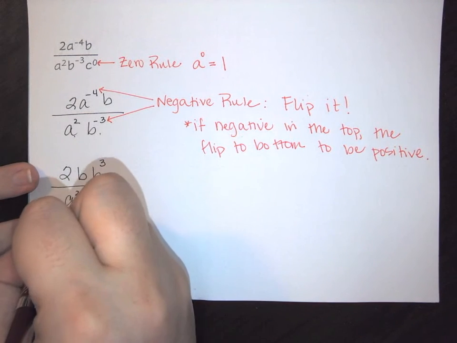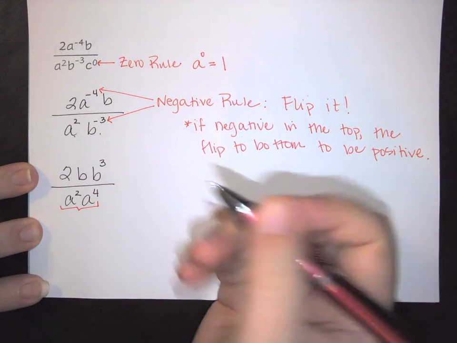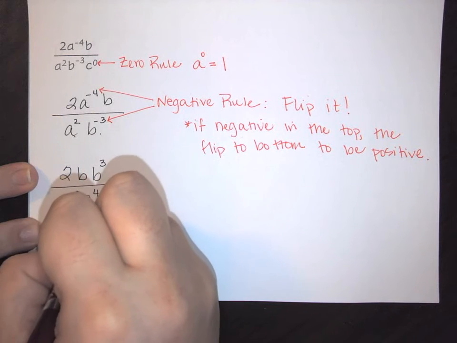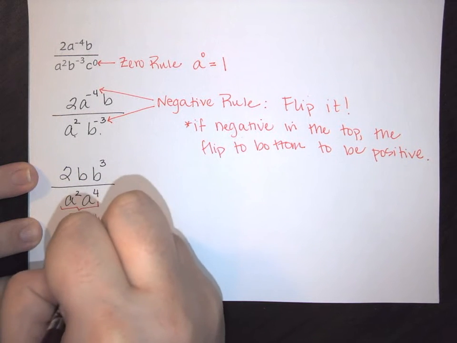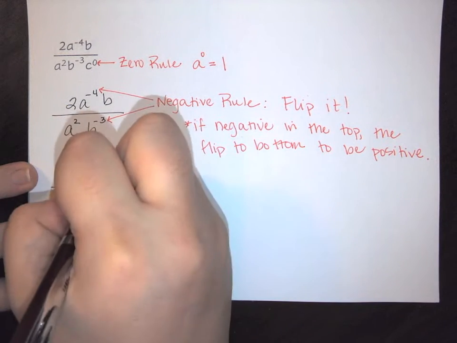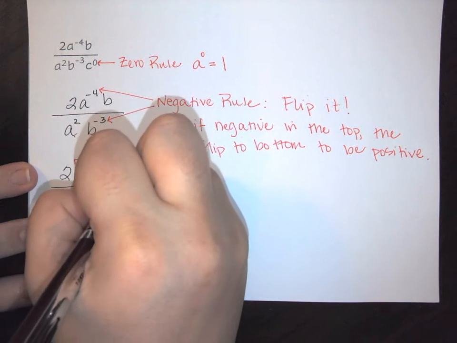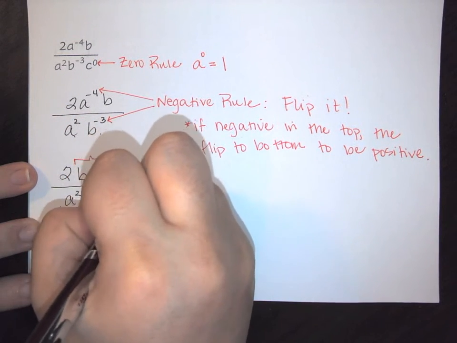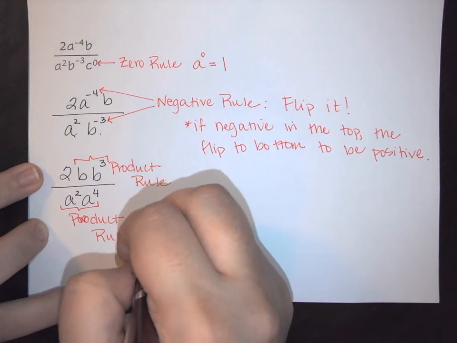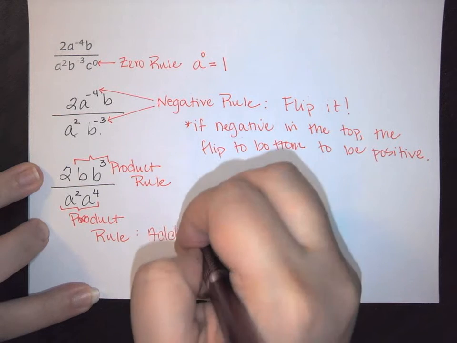Now, in looking at my a's and at my b's, this is going to be the product rule, both top and bottom. So this is also the product rule. Again, remember the product rule says that you have to add the powers.